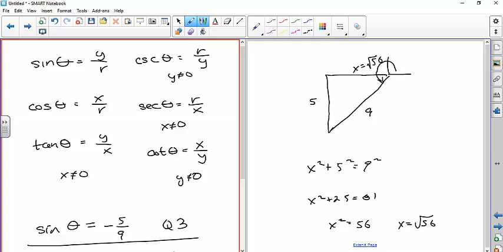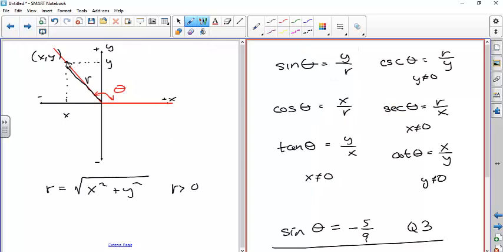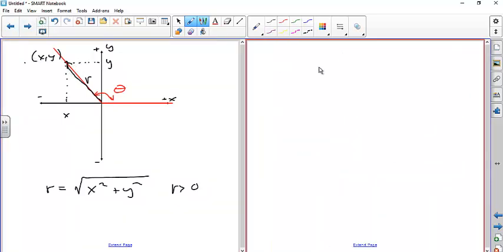The two kinds of problems that I'm going to ask you to do in this are, first, I'm going to give you a coordinate somewhere here. I give you x and y. So let me write out the kind of problems. Given x comma y, find all trig function values.